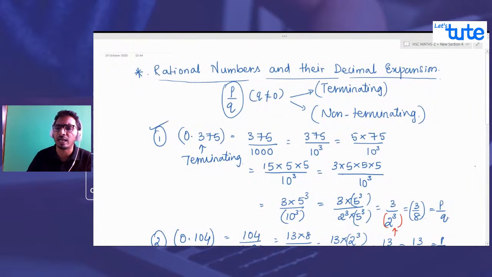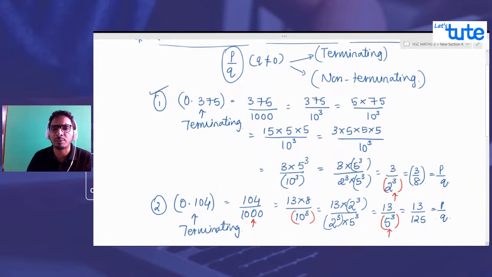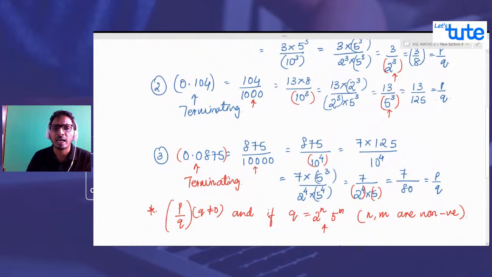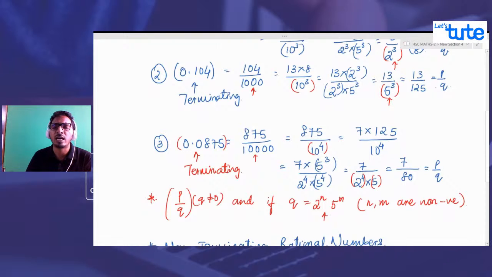We took examples 1, 2 and 3, and in all three the denominator has a prime factor of 2 or 5 or both. In question 1 we had only a prime factor of 2, in question 2 only 5, and in 3 both 2 and 5. So in this scenario the rational number has a terminating form.